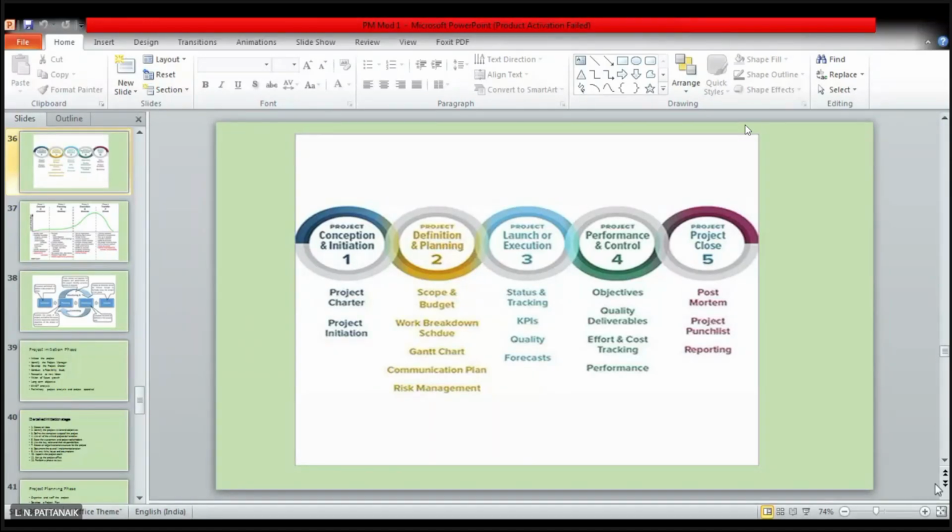Basically it monitors the progress of the project and whether it is going to deliver whatever is intended for it, within the time frame and within the budget, to satisfy all the specifications and everything.